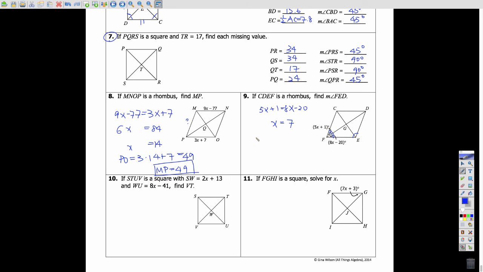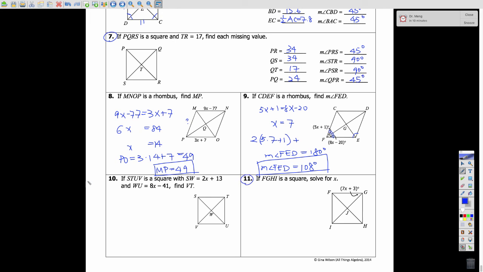So what I need to do is I plug in the x, 5 times x plus 1 gives me the top half. And I multiply that by 2 gives me this total angle. This angle plus angle measure of FED should equal 180. And if you finish doing that, your angle measure of FED should come out to be 108 degrees.